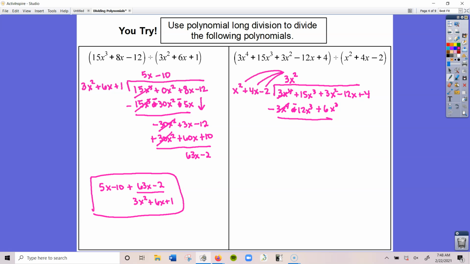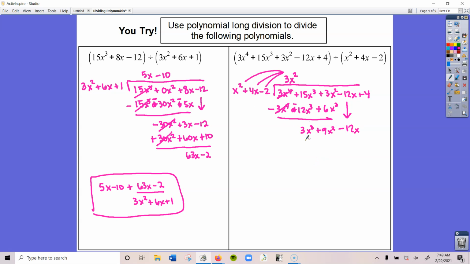Your first terms cancel. 15x to the third minus 12x to the third is 3x to the third. 3x squared plus 6x squared is a positive 9x squared. Bring down the next term, so minus 12x.